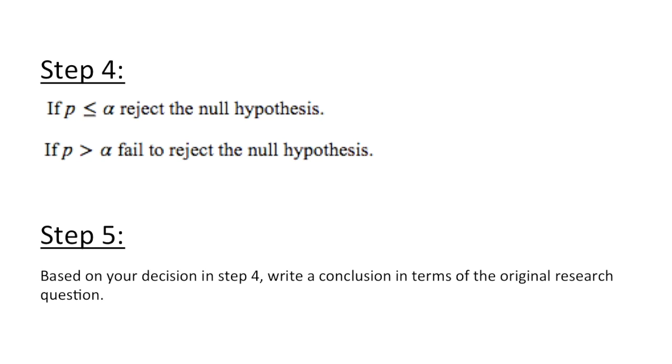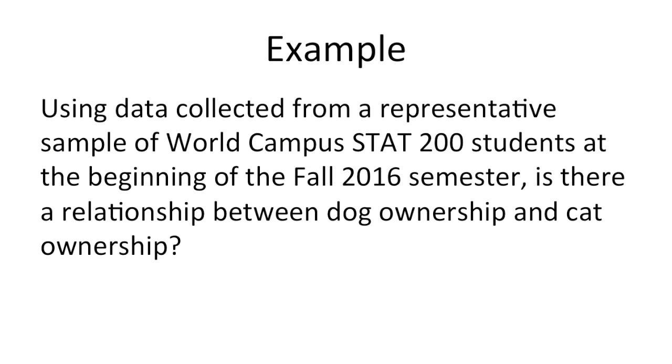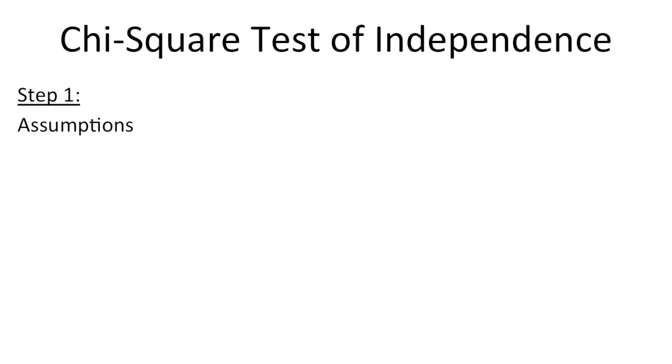Let's walk through one example using Minitab Express. Using data collected from a representative sample of World Campus Stat 200 students at the beginning of the fall 2016 semester, is there a relationship between dog ownership and cat ownership? Step 1, we're going to check our assumptions. We do have two categorical variables. Dog ownership was measured as yes or no, which is categorical.